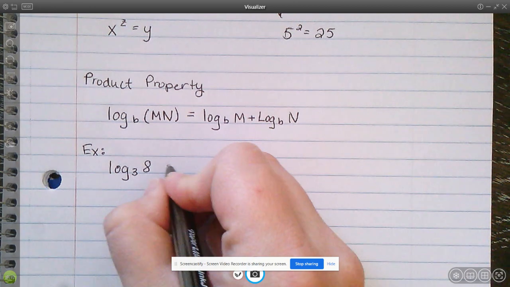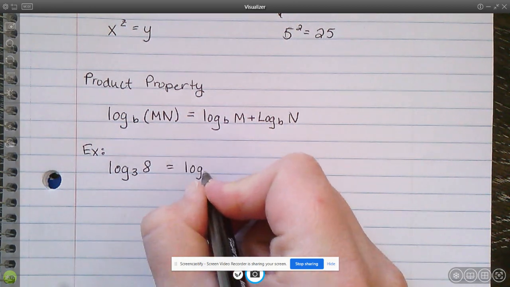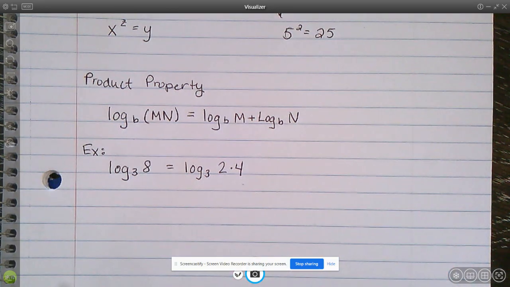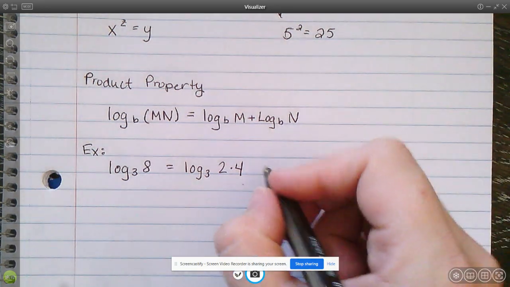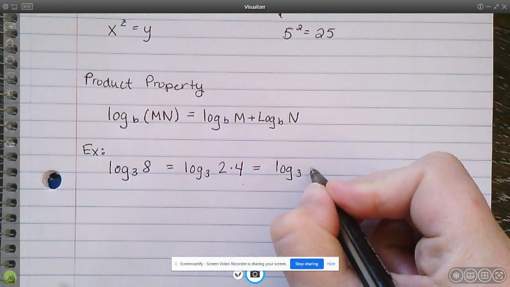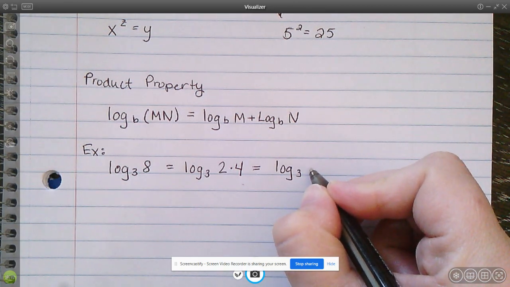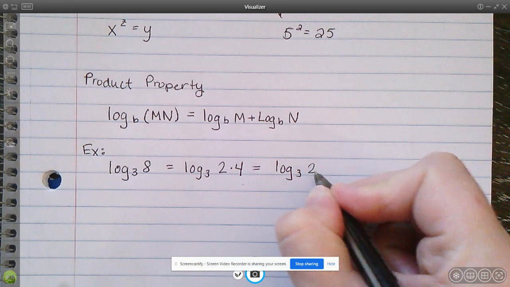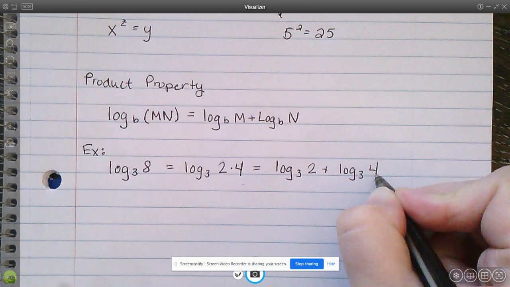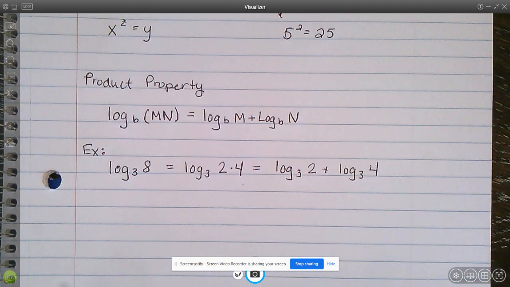So this could be the same as log base 3 of 2 times 4. And then you can rewrite it as 2 different logarithms. So equals log base 3 of 2 plus log base 3 of 4. So that's the product property.